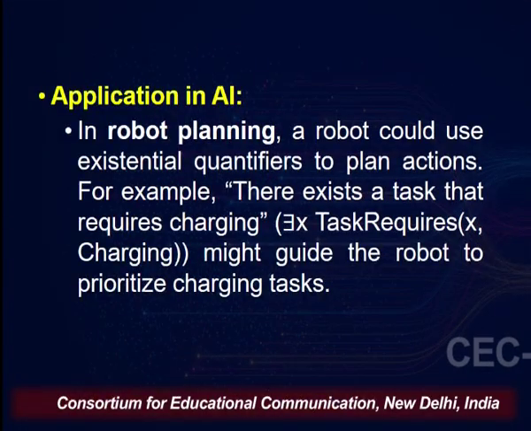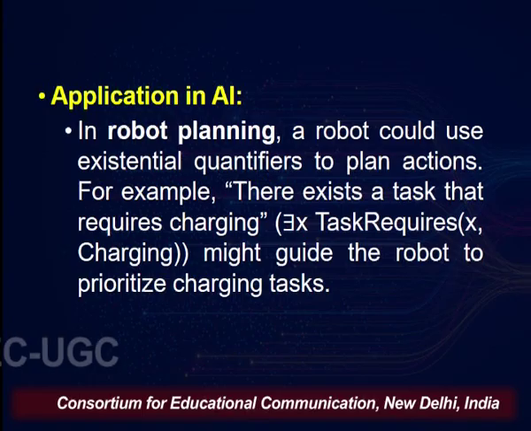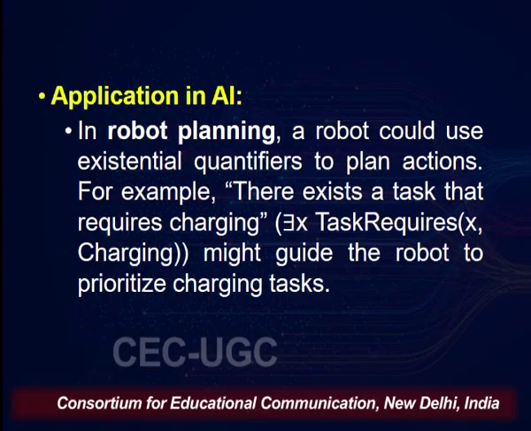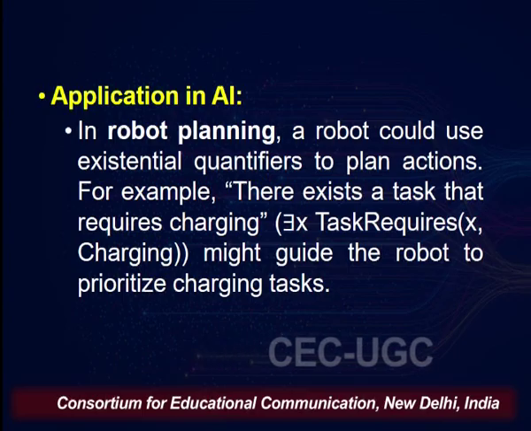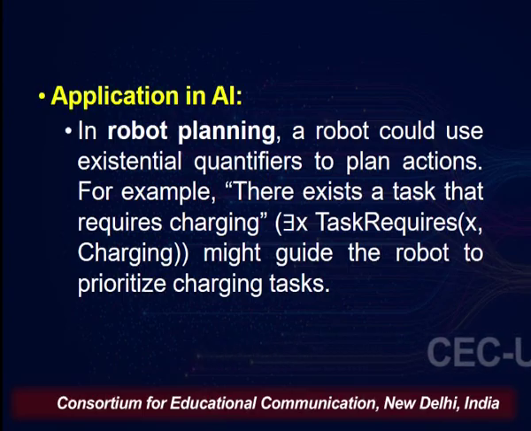For example, there exists a task that requires charging. This can be written as, there exists x, task requires(x, charging), which might guide the robot to prioritize the charging task. So, we have seen how existential quantifiers, universal quantifiers, simple predicates and relationship predicates are going to be used in various applications.